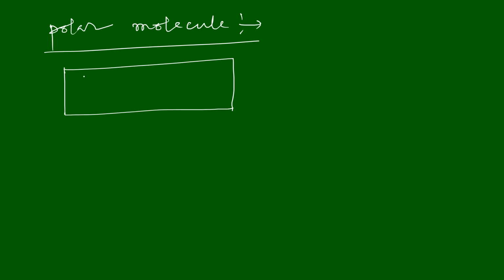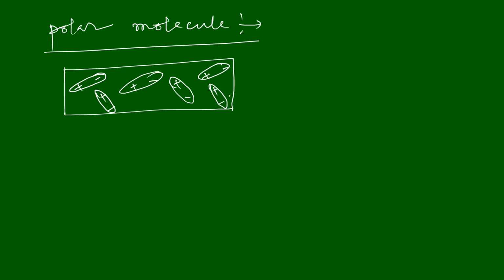Inside the slab, they have an arrangement like that. That means the positive and negative charges are separated by some distance. So this is an arrangement of the dielectric slab of a polar molecule.